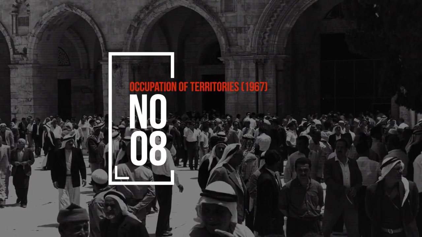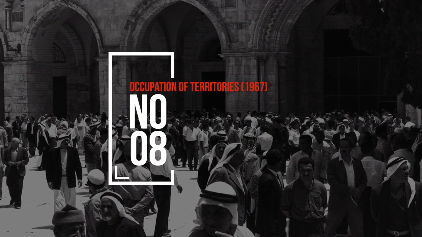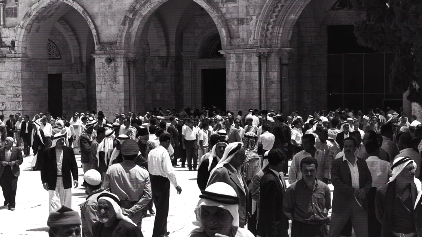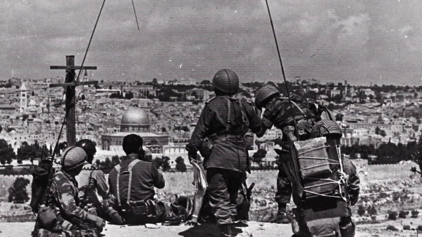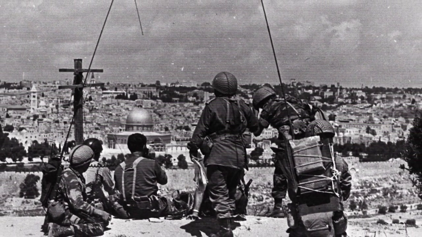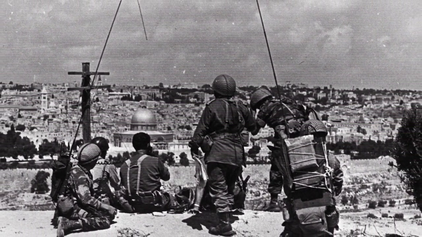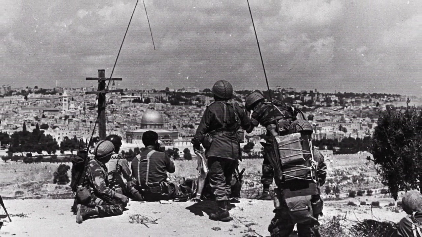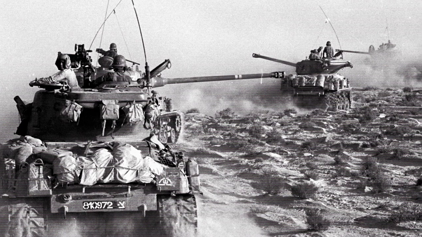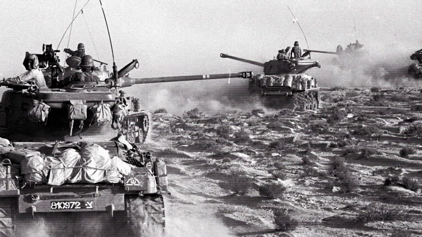Number 8. Occupation of territories. 1967. A seismic shift in the geopolitical landscape occurred with the advent of the Six-Day War in 1967. This conflict, which unfolded with unprecedented speed and intensity, saw Israel emerge as a formidable force, capturing territories of immense strategic and historical importance.